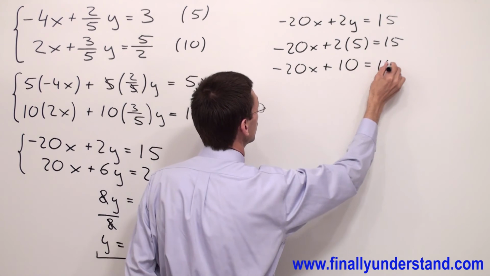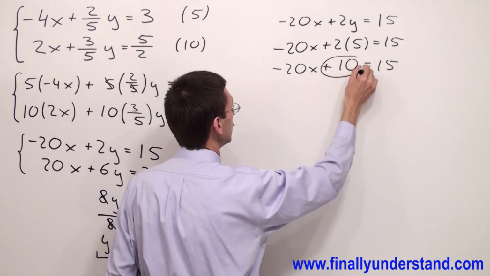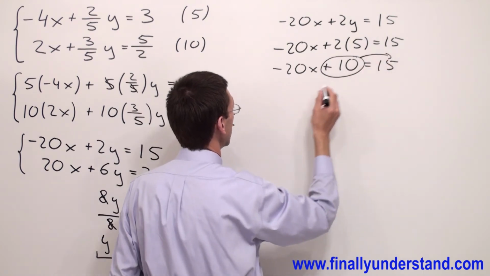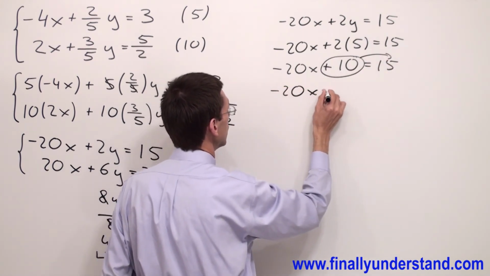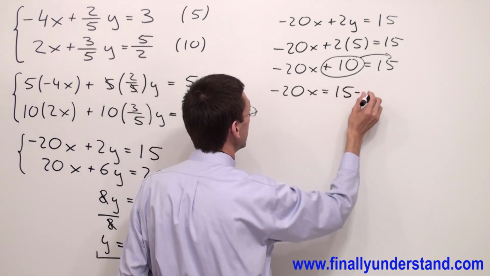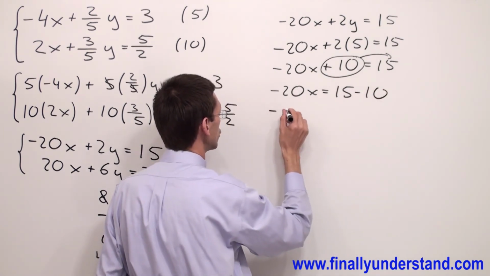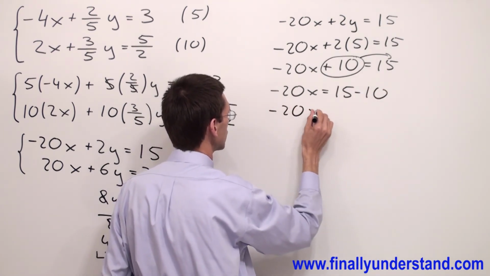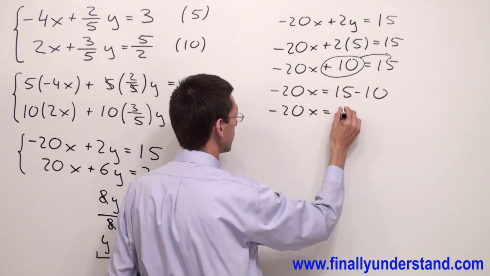equals 15. In order to find the value of x, I have to move 10 to the right side, and I'm going to have minus 20x equals 15 minus 10. Minus 20x is equal to 5.